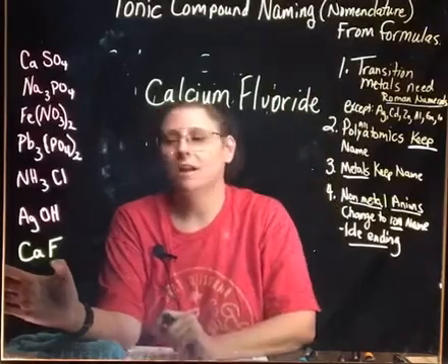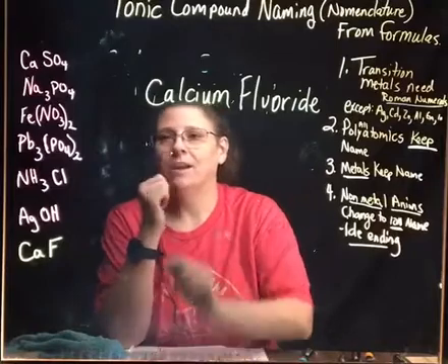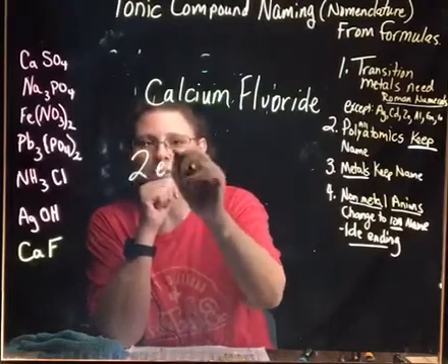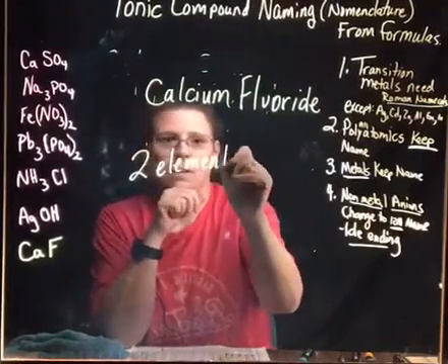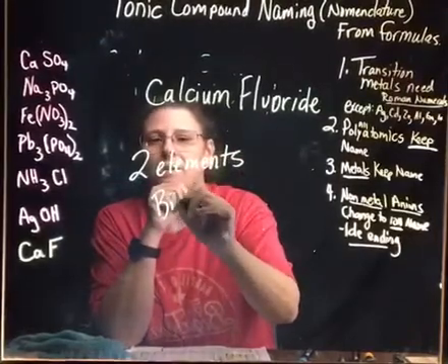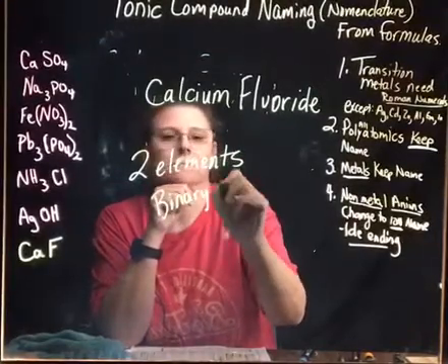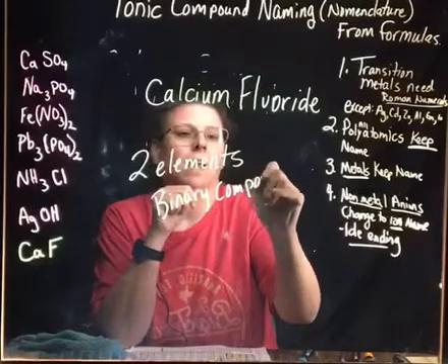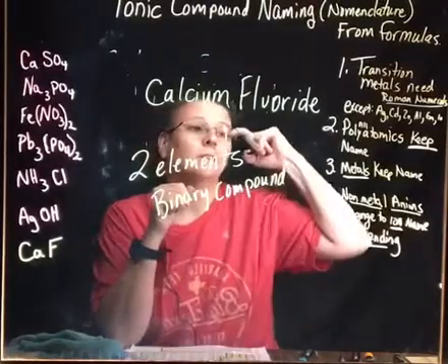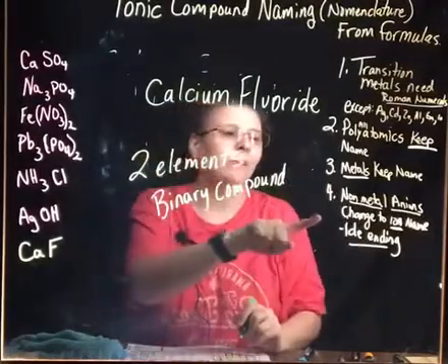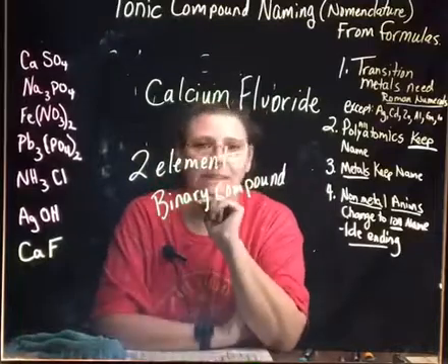Okay? Calcium fluoride. If you only have 2 elements, it's a binary compound, and you just look at your metals, keep the name, and your nonmetals are going to change to IDE.